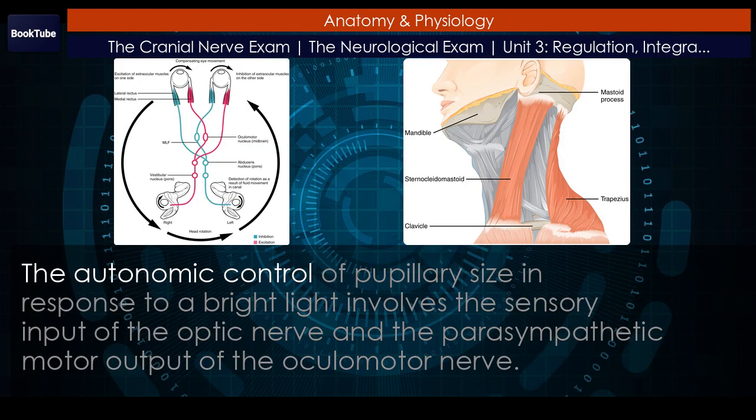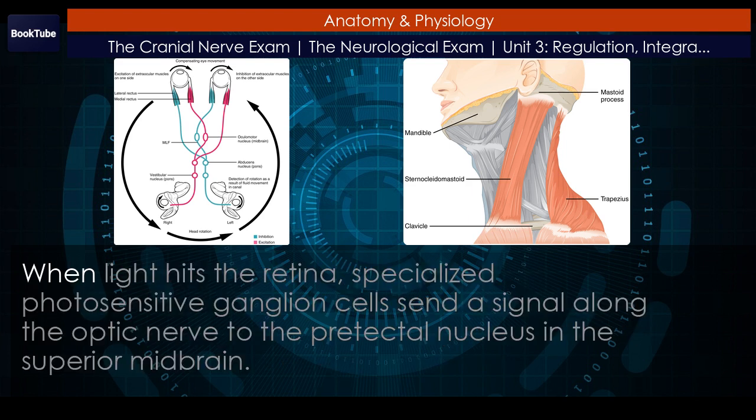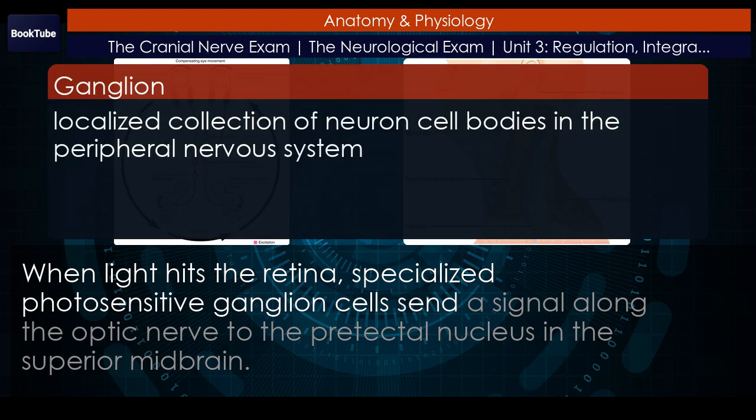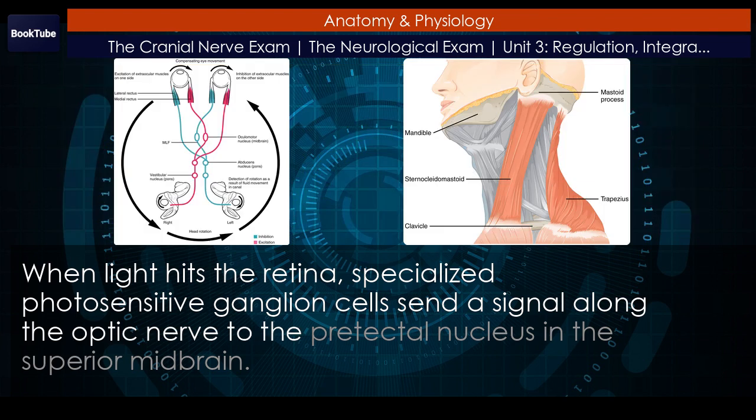The autonomic control of pupillary size in response to a bright light involves the sensory input of the optic nerve and the parasympathetic motor output of the oculomotor nerve. When light hits the retina, specialized photosensitive ganglion cells send a signal along the optic nerve to the pretectal nucleus in the superior midbrain.